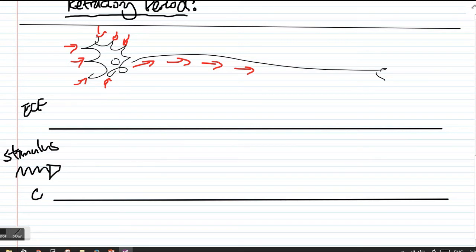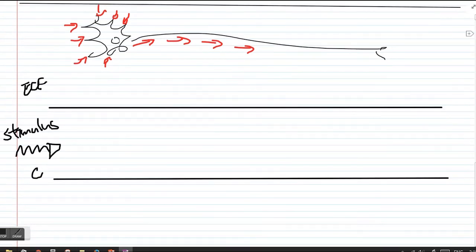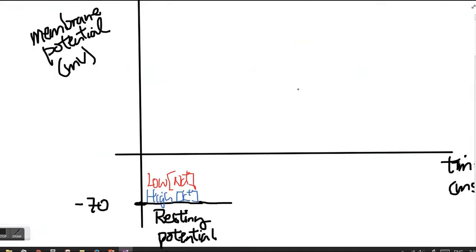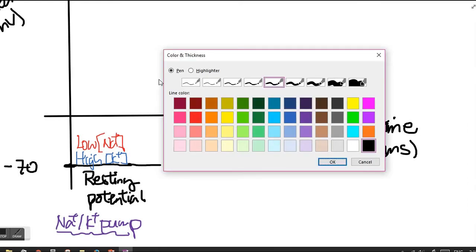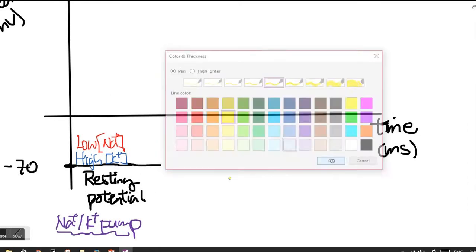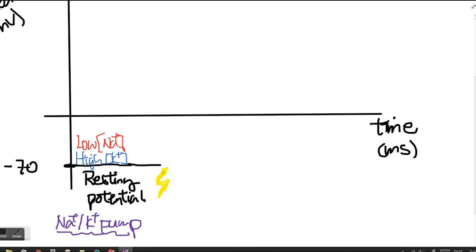So if we go back to our graph over here, when a stimulus arrives, I will use a little lightning bolt to show that. Your membrane potential will slowly increase. It will slowly become positive until it crosses a line, and we call this the threshold potential. So this right here, threshold.